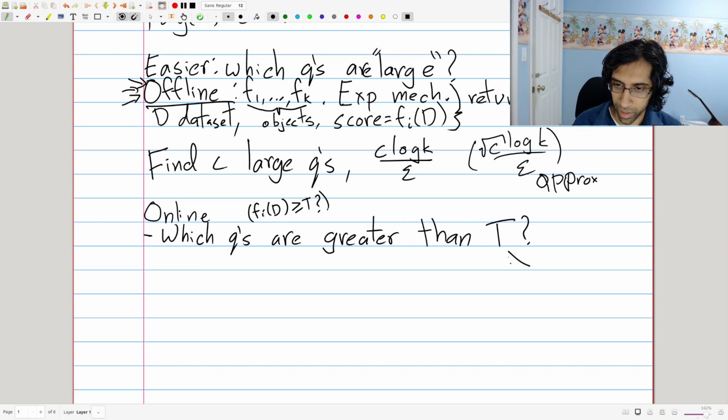The threshold T is going to be publicly known, we assume. And that's sort of the setup for sparse vector.